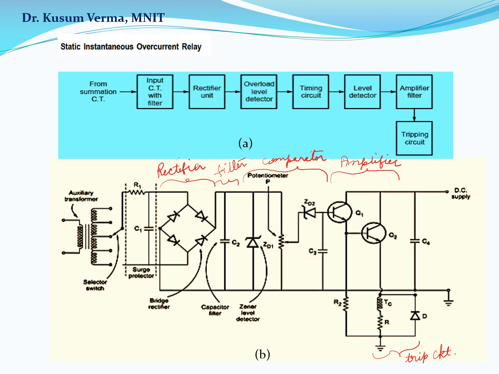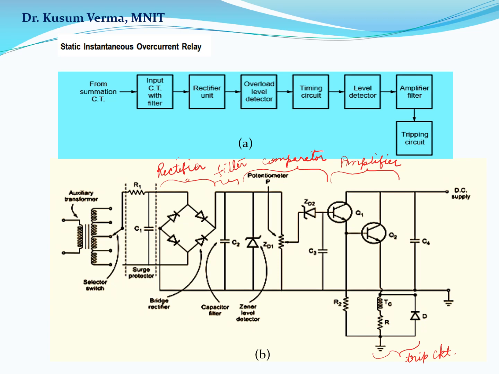Figure B shows the detailed circuit diagram of instantaneous static overcurrent relay. An auxiliary transformer gives the output voltage proportional to the fault current. The main circuit is protected from the voltage surges by using an R1 C1 circuit at the input. This is also called the surge protector.